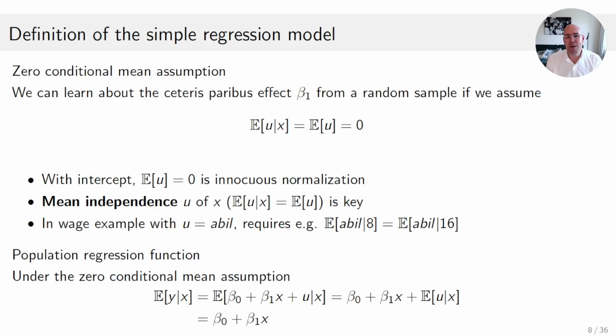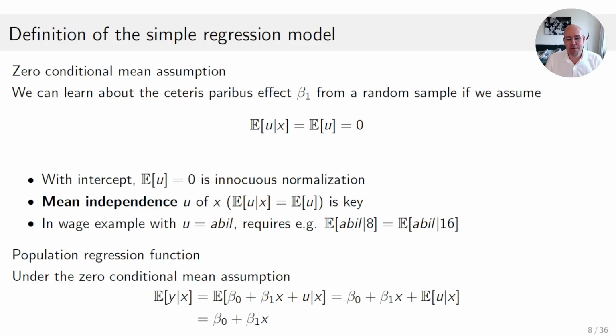So we can always decrease the intercept by a certain amount and increase the error term in expectation by a certain amount, and that's not really going to change our model.